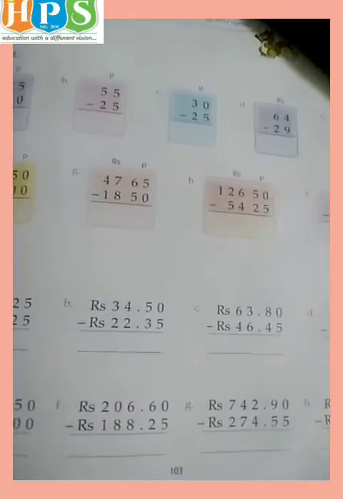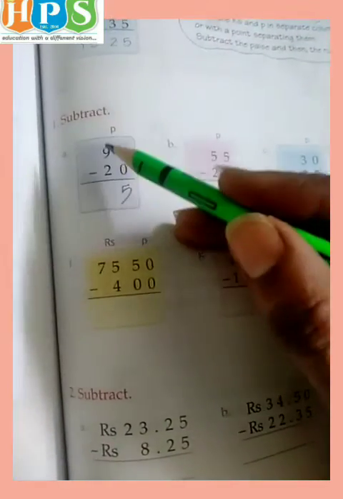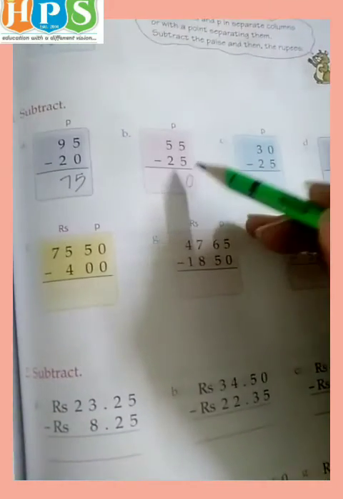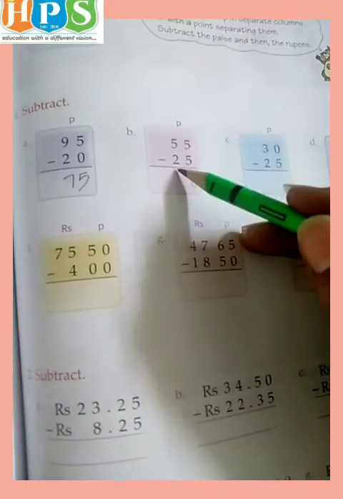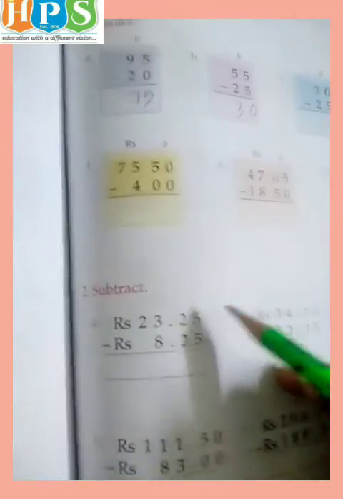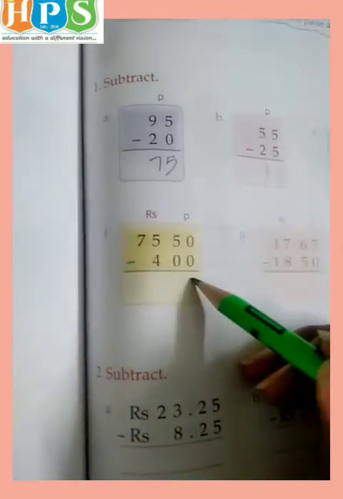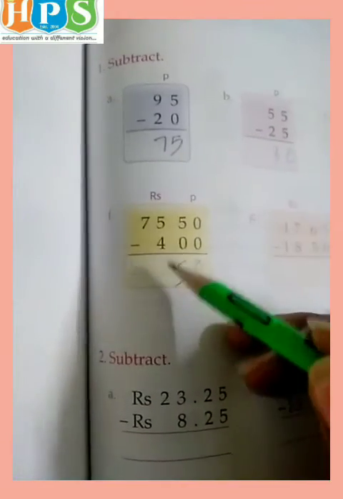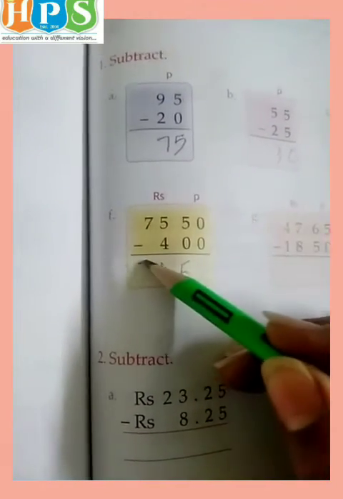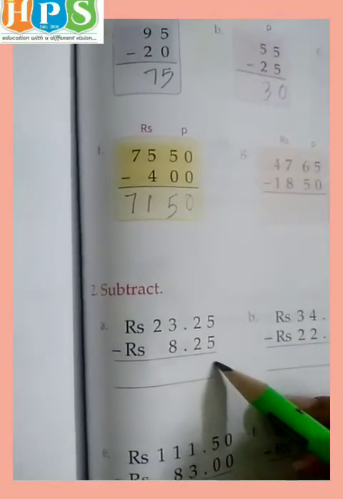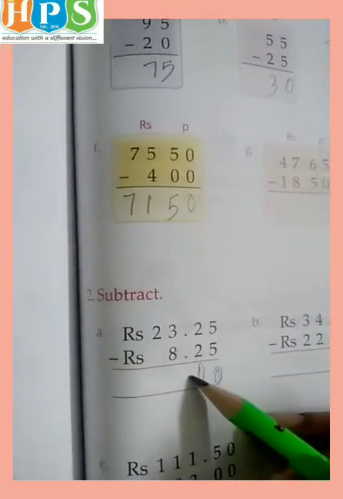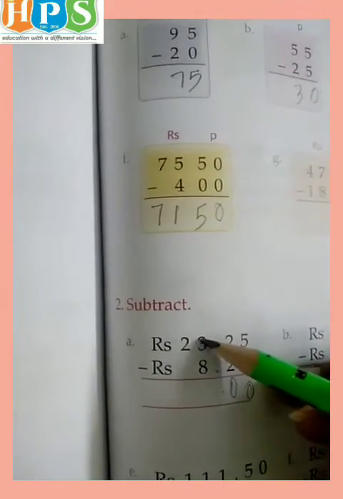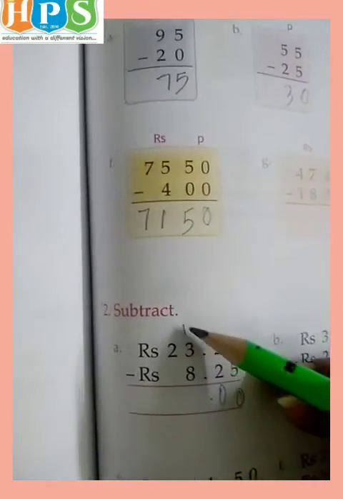Okay children, come to page 103. Subtracting money. 5 minus 0 5, 9 minus 2 7, 5 minus 0, 5 minus 5 0, 5 minus 2 3, 0 minus 0 0, 5 minus 0 5, 5 minus 4 1 and 7, 5 minus 5 0, 2 minus 2 0, point. We can't subtract 3 minus 8, so 1 borrow.